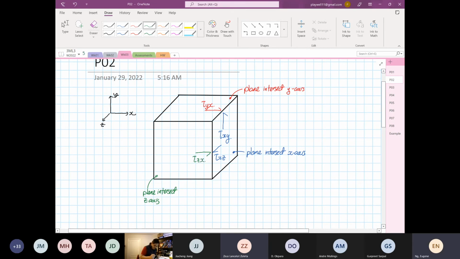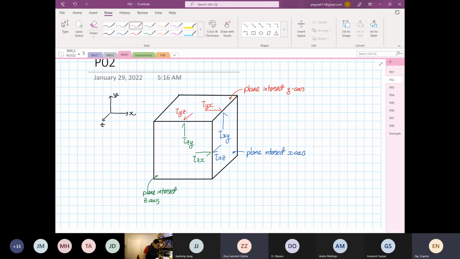And the third one, right? The plane intersects the z-axis and the shear is going up in the y. And the last one, the plane intersects the y, and the shear stress is in the z direction. Okay, so 6 separate components.